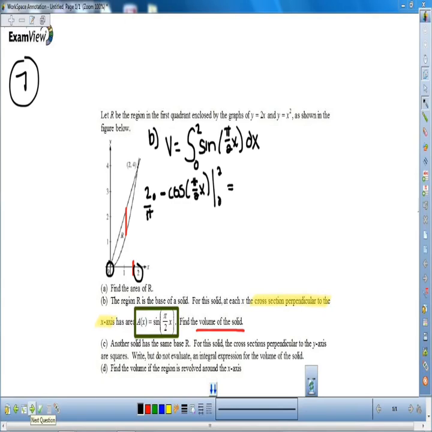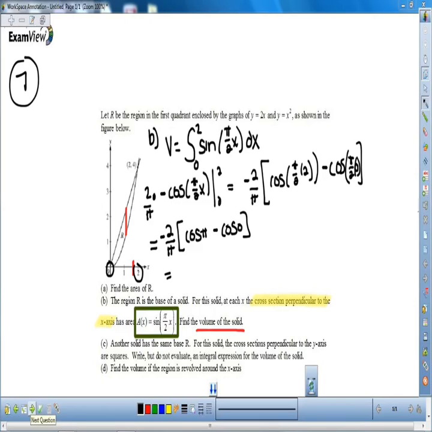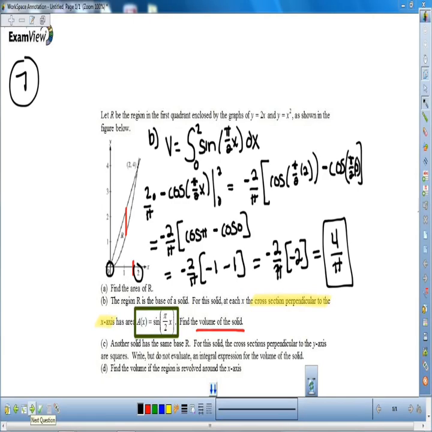The derivative of the inside is pi over 2, so we're going to do the reciprocal. Now cosine of pi is negative 1, and cosine of 0 is 1. So when you simplify, you should get 4 over pi.